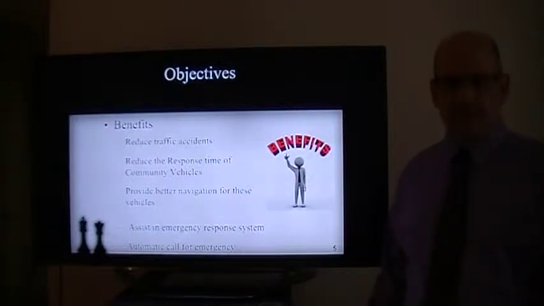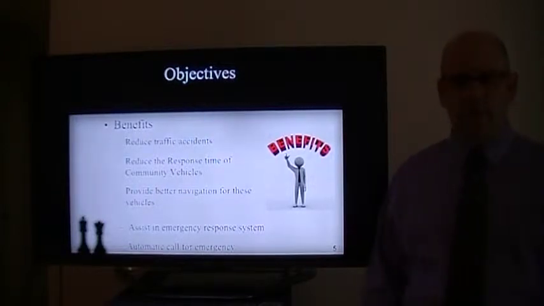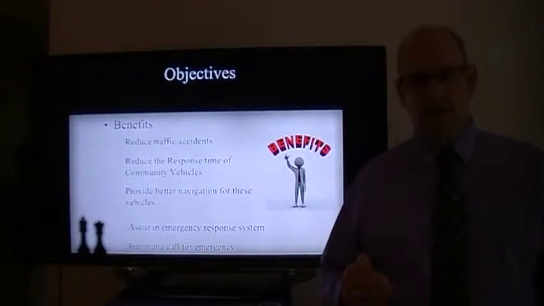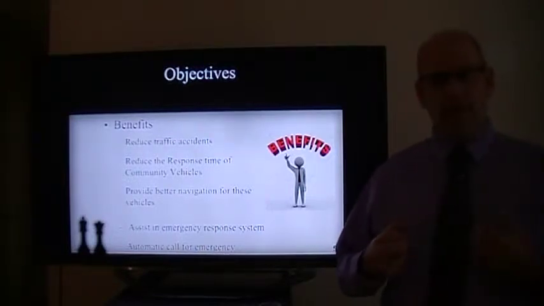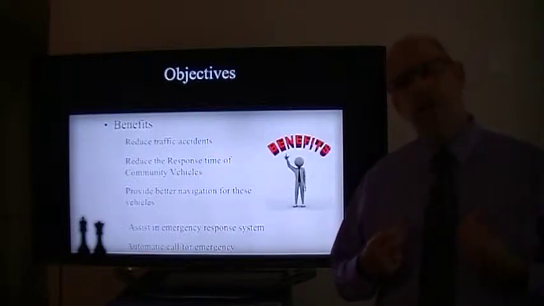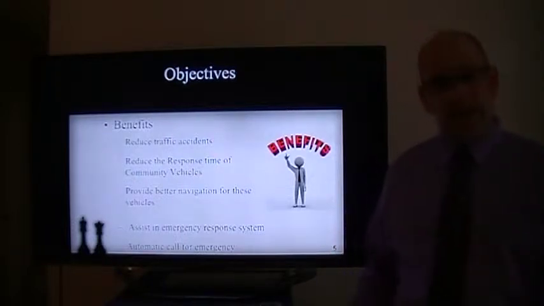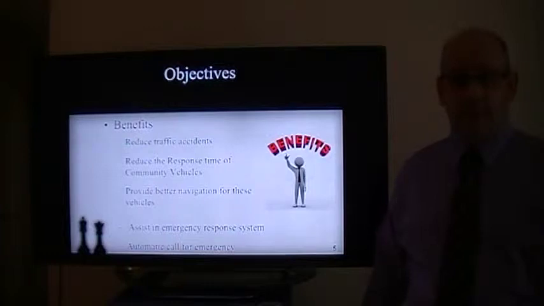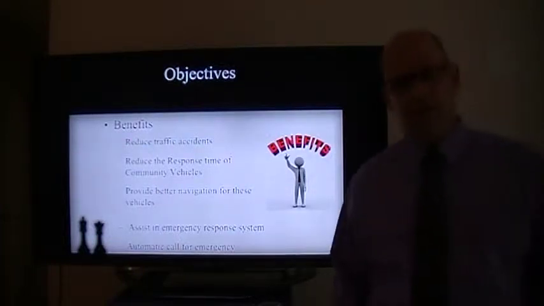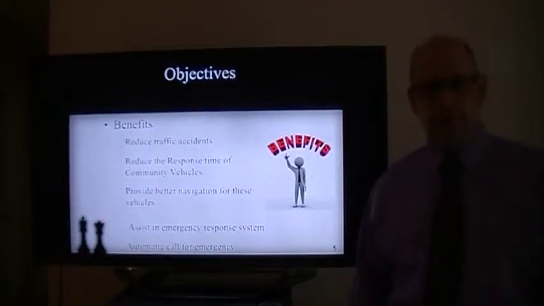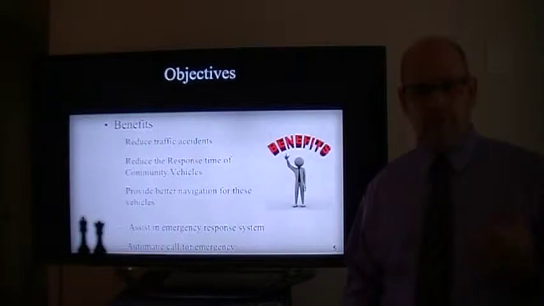Now, this device sets itself apart from its counterparts by integration in its development, utilizing highly efficient, cost-effective electronics in its production. The key benefits could significantly reduce traffic accidents involving community vehicles, increasing the effectiveness of these vehicles and the efficiency of the departments by reducing the response time.